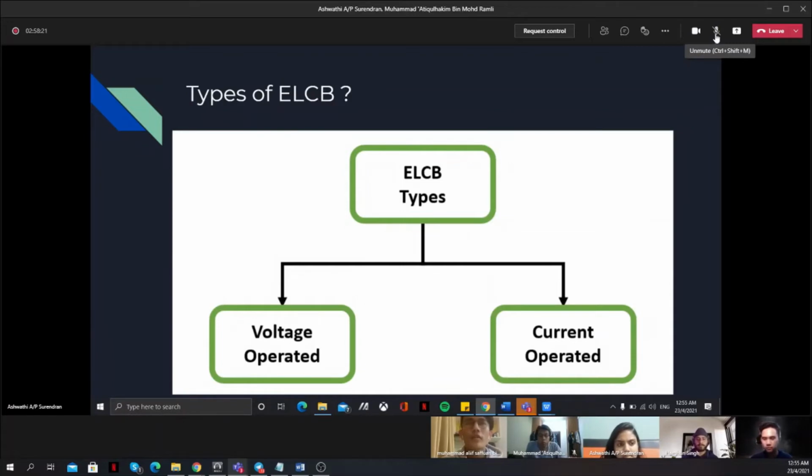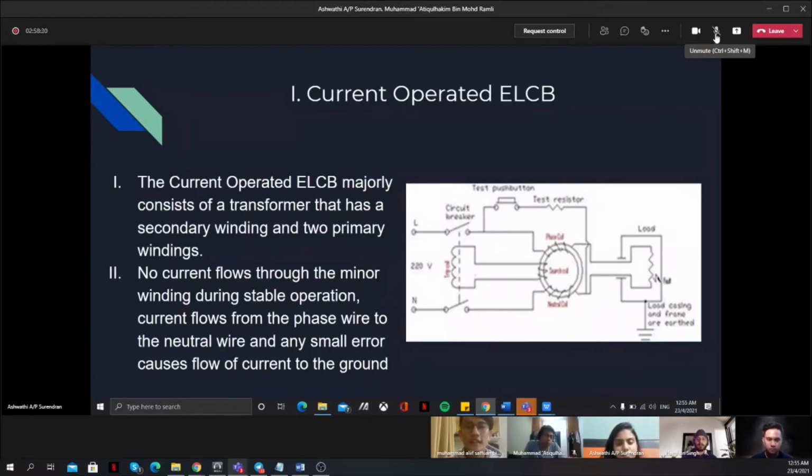Now we go to the types of ELCB. There are 2 types of operation in ELCB, voltage operated and current operated. Let's go to the current operated. Current operated ELCB mostly consists of transformers that have a secondary winding and 2 primary windings. No current flows through the secondary winding during stable operation.